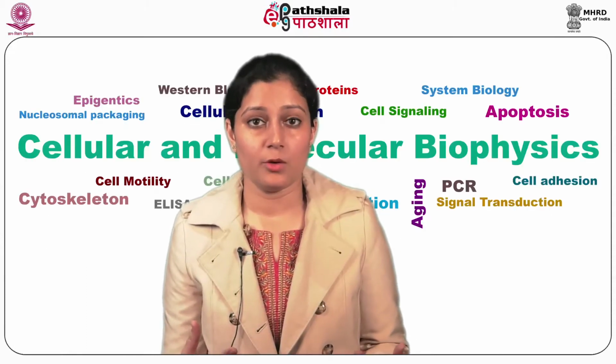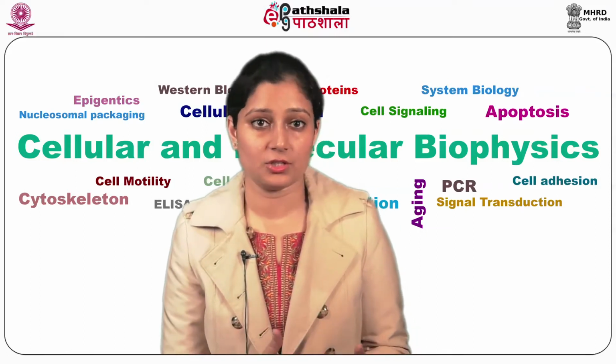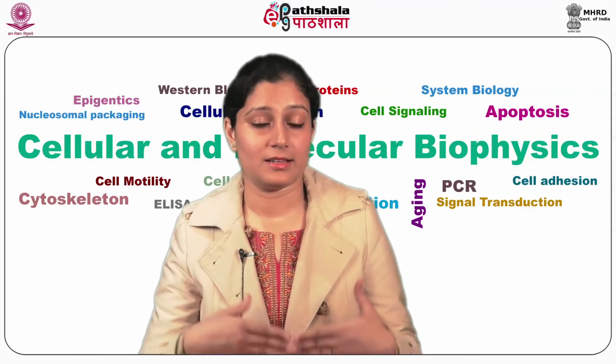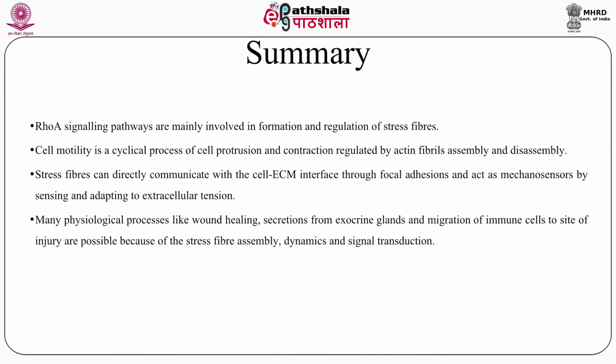Cell motility, which is a cyclical process of cell protrusion and contraction, is regulated by actin fibrils through their assembly as well as disassembly. Stress fibers can directly communicate with the cell extracellular matrix interface through focal adhesions and act as mechanosensors by sensing and adapting to extracellular tension.